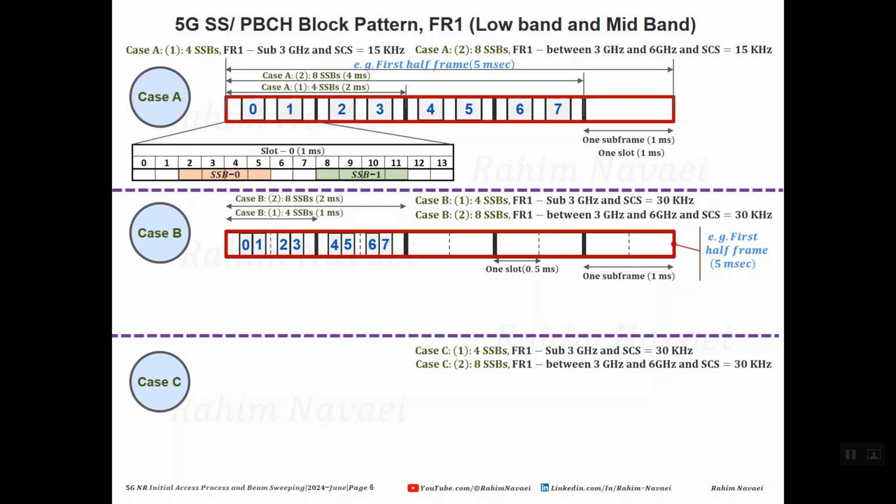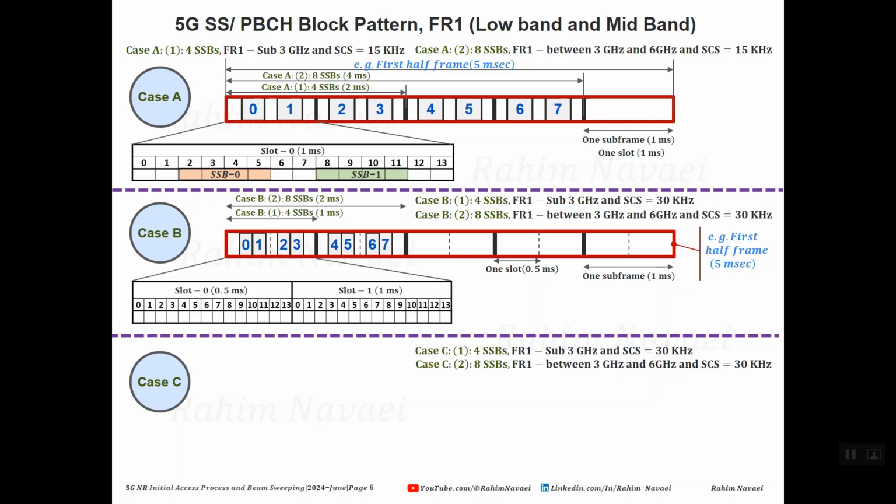And for case B2, 8 synchronization signal blocks are transmitted in slot 0, 1, 2, and 3. It only takes 2 milliseconds to transmit 8 synchronization signal blocks. Here, you can also look at the position of the 4 synchronization signal blocks in slot 0 and 1.